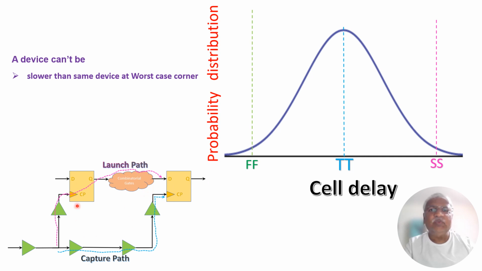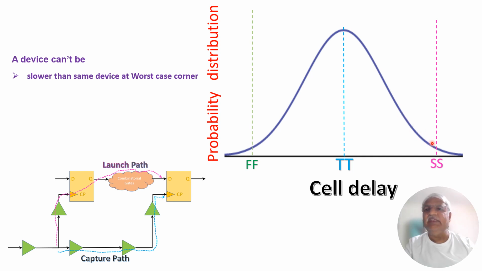When we are considering only the process related variations, you will observe that since we are considering the slow condition, no device will be slower than this part. So these conditions won't exist, and we need to consider these items.